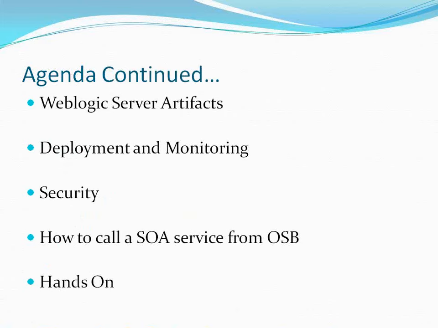One more thing, OSB doesn't directly support base 64. You need to write Java code to convert it to base 64, and we invoke it using the Java callout functionality. Direct functionality for base 64 encoding is not available with OSB.